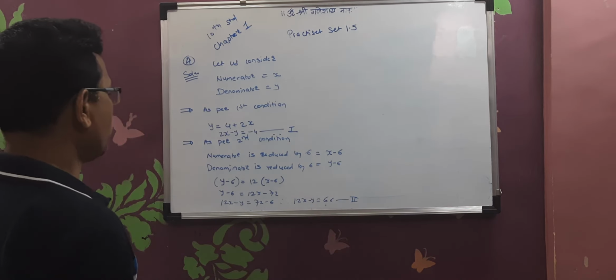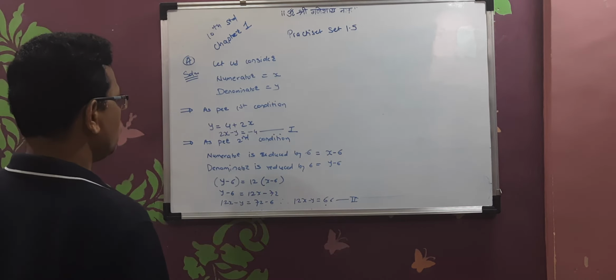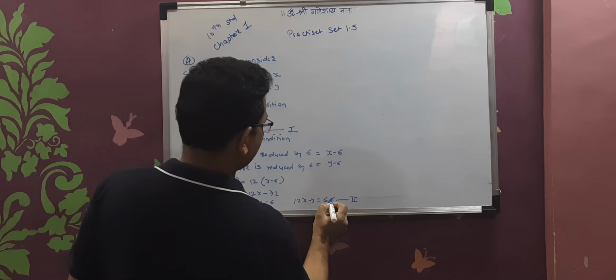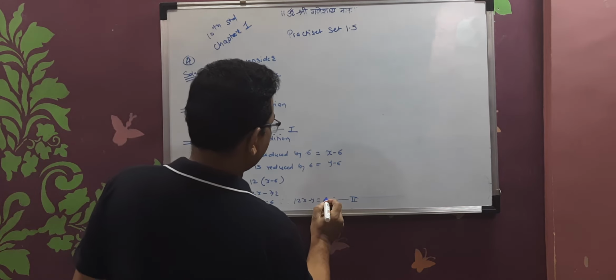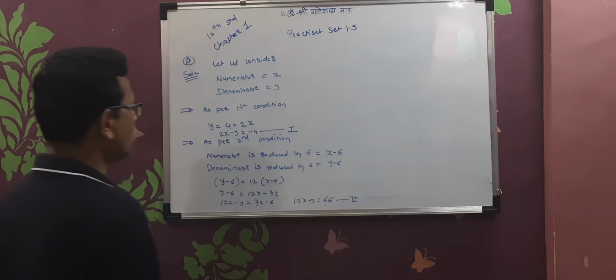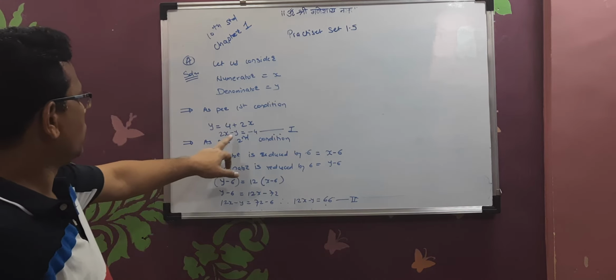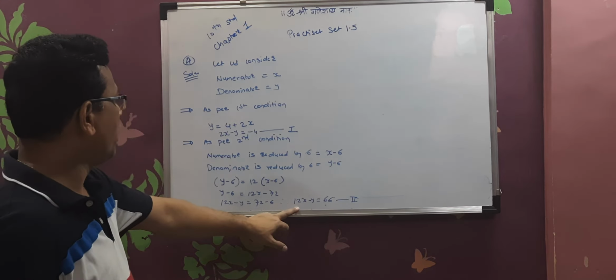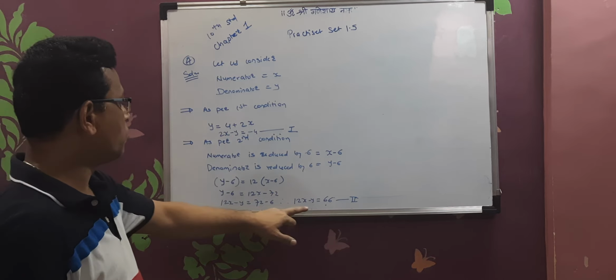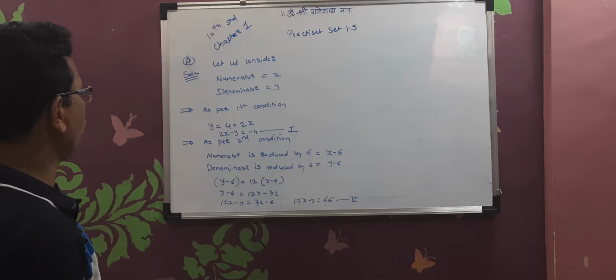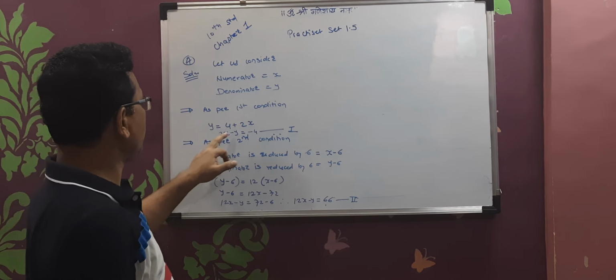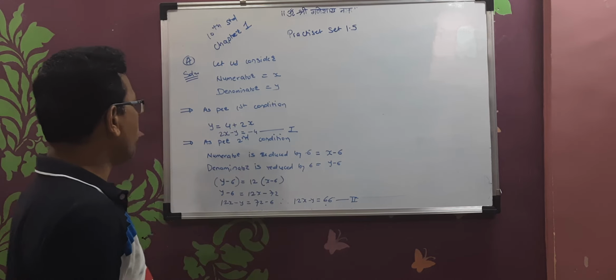Now we got equation number 1, we got equation number 2. In this case we don't have to multiply any equation, because if you see there is a 2x here and a 12x there, but there is a minus y here and also a minus y there. If you do the addition, then minus y will become minus 2y.